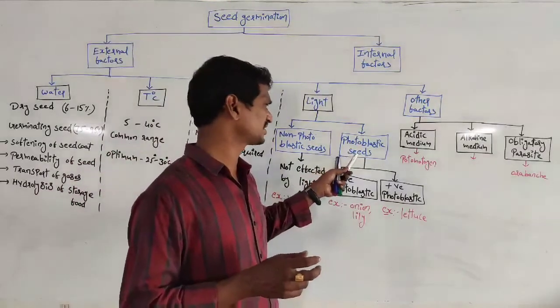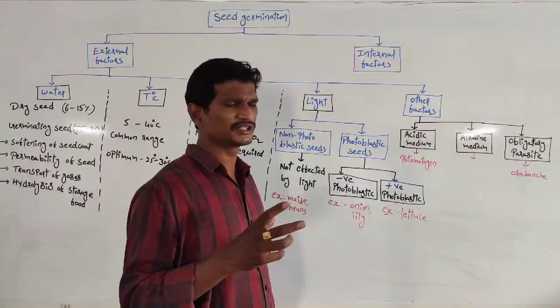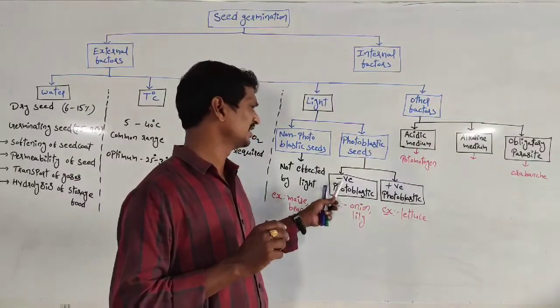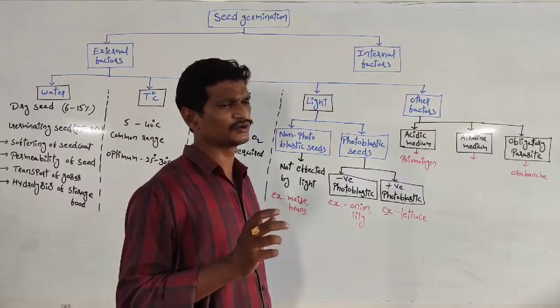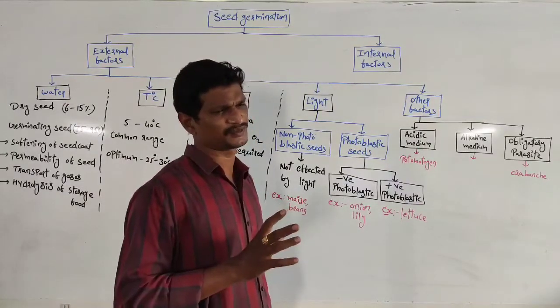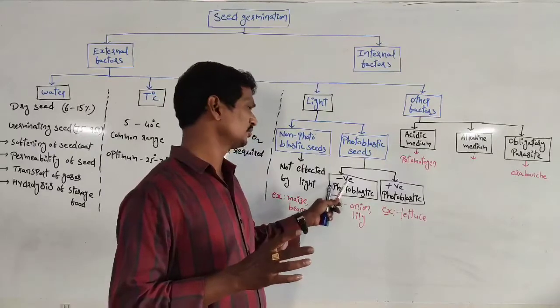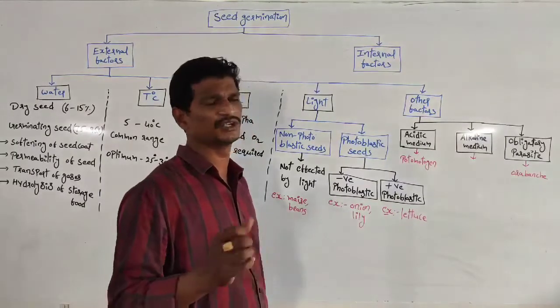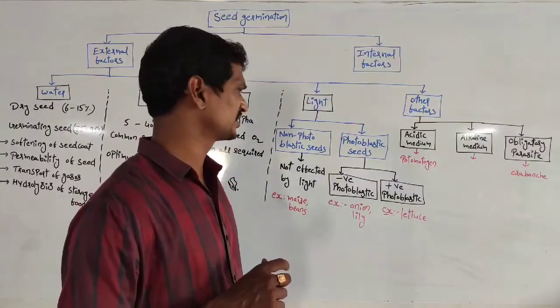Right? And photoblastic means the seed germination is affected by light. Negative photoblastic means seeds that grow in the absence of light. Only in the absence of light are these seeds grown. Onion is the best example, lily is also one of the best examples.